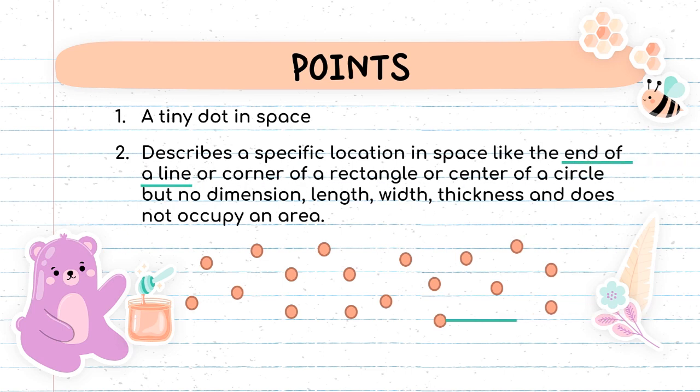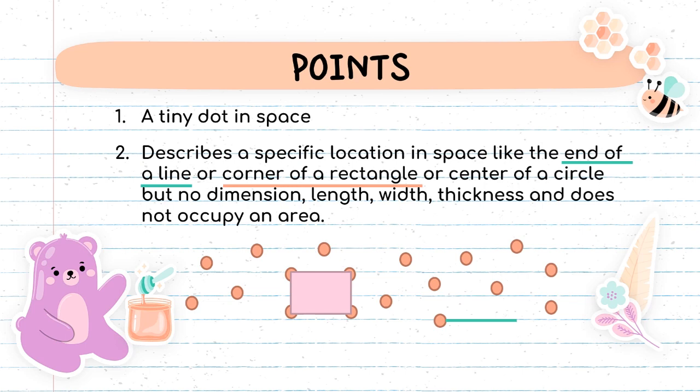So, meron tayong line dito. Pag sinabing line, walang katapusan ang paghaba niya na dikit-dikit yung points doon. At may endpoint siya. May tuldok dito sa dulo. Ito yung magsisilbing endpoint sa mismong line. Or a corner of a rectangle. So, mapapansin nyo, there is a rectangle here.